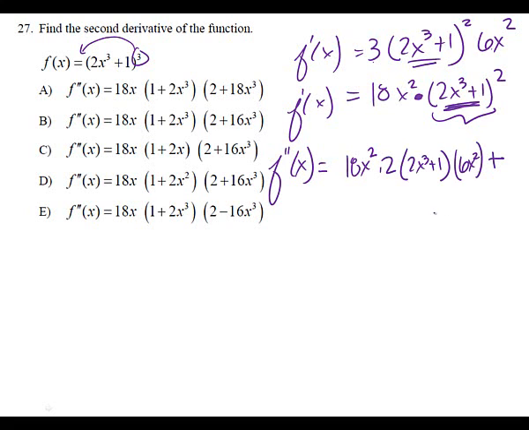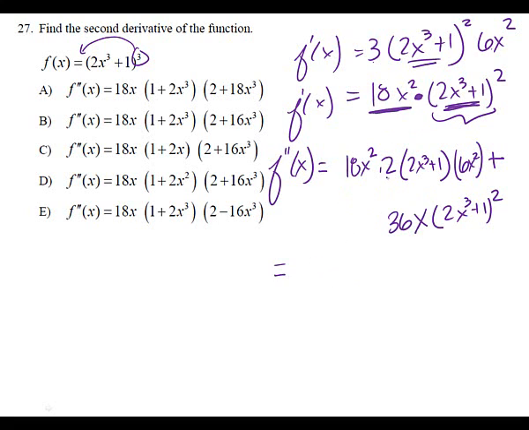Plus, and I'm going to run out of space. Sorry, I'll clean that up in a minute. We're going to keep the second, which is (2x cubed plus 1) squared, and take the derivative of the first. What's the derivative of 18x squared? 36x. All right, let's clean it up a little bit and see what we can do to actually get our answer.